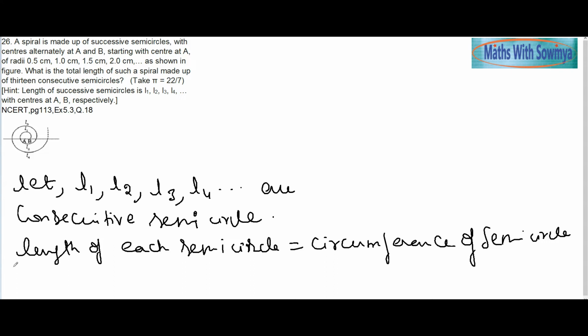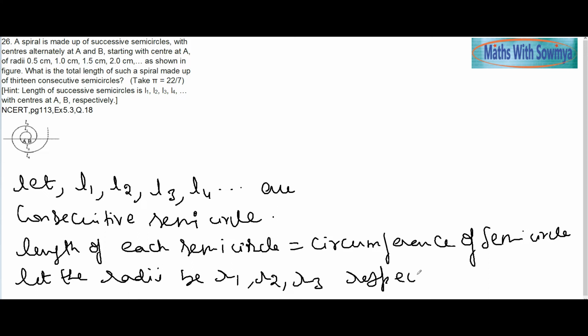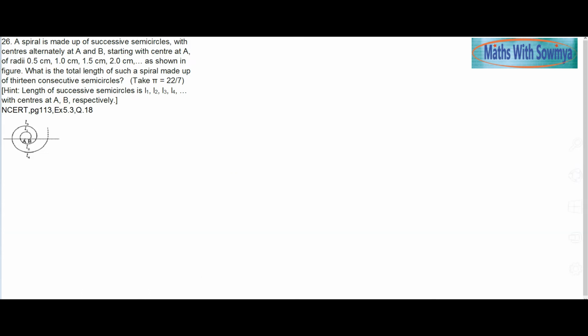So let the radii be r1, r2, r3 respectively. Now we will go with finding each one. So what is L1? L1 is nothing but pi r1.